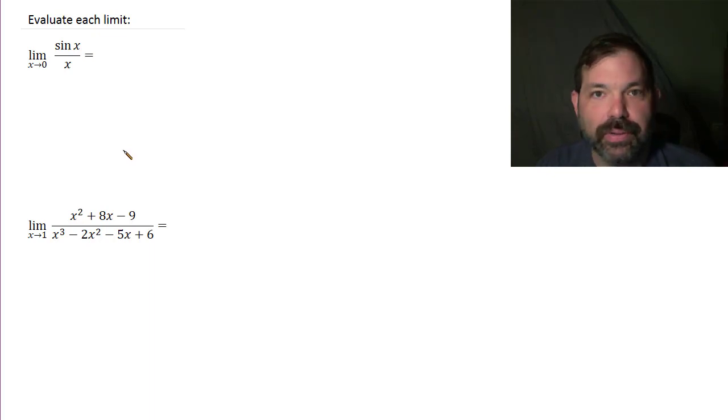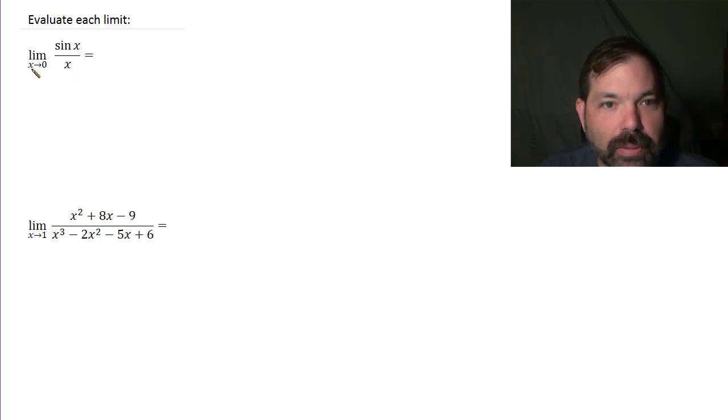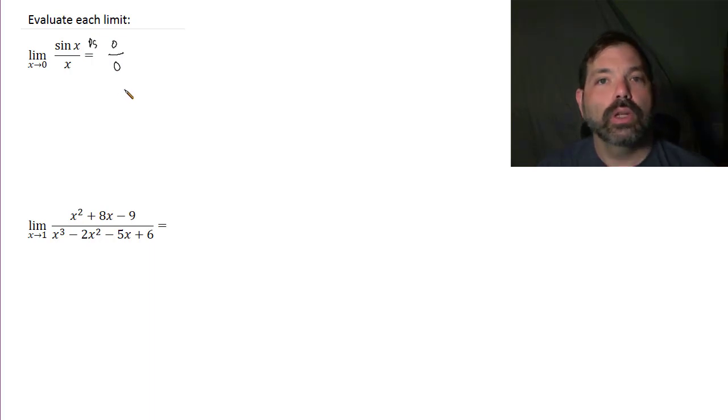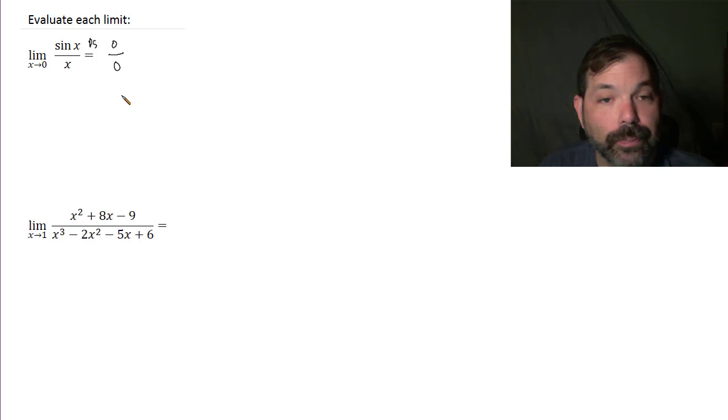It was very difficult. It took us maybe 10 minutes to evaluate this one limit. Okay, so if we try a direct substitution, the limit as x approaches 0 of sine x over x, a direct substitution gives us 0 over 0, an indeterminate form. So we can't evaluate this directly right now.